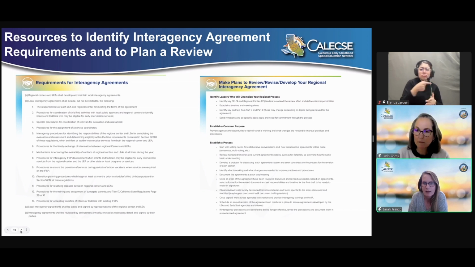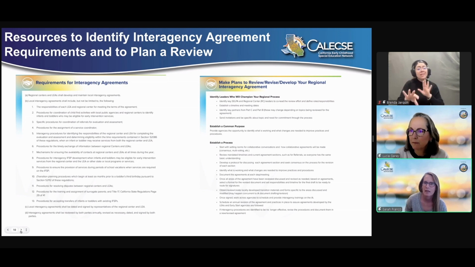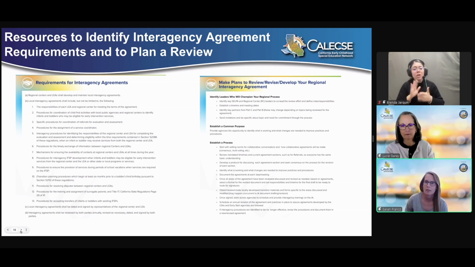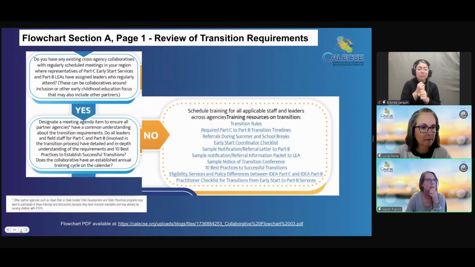Who is responsible for the IFSP. So again, going piece by piece from the regional center side and the LEA side to identify what are the requirements, and then making plans to review, revise, and develop your agreement regularly. In San Diego County, we meet as Part C agency leaders quarterly, and we review this at least annually. Next slide, please, Heather.